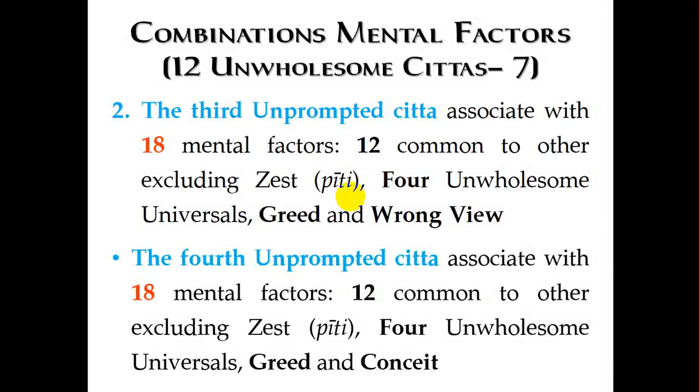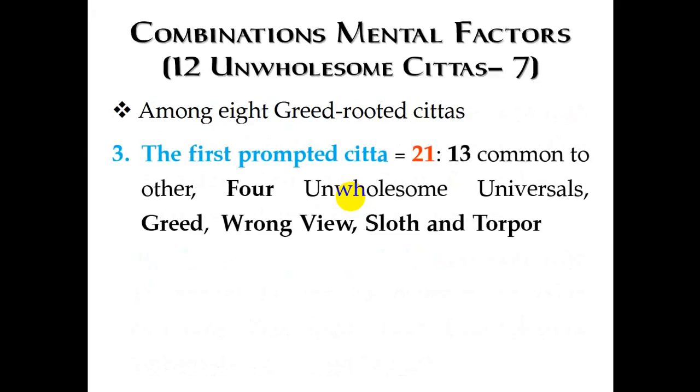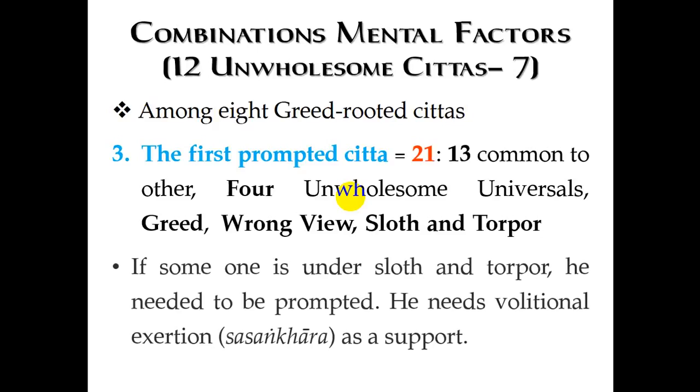Based on this, in the prompted cittas you add sloth and torpor, 21 and 20. The first prompted citta, 21: 4 unwholesome universals, greed, wrong view, sloth and torpor. And in the fourth one, you remove wrong view and add conceit.